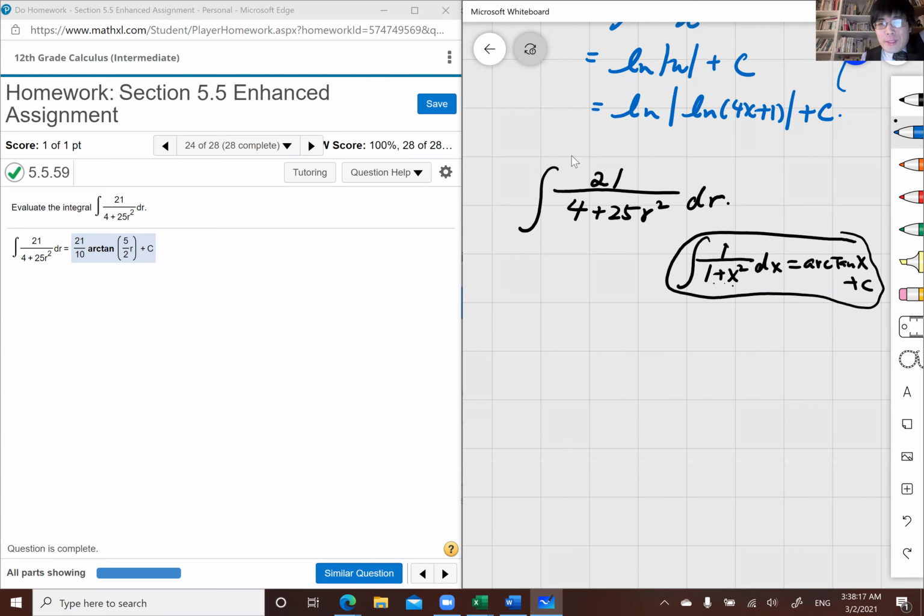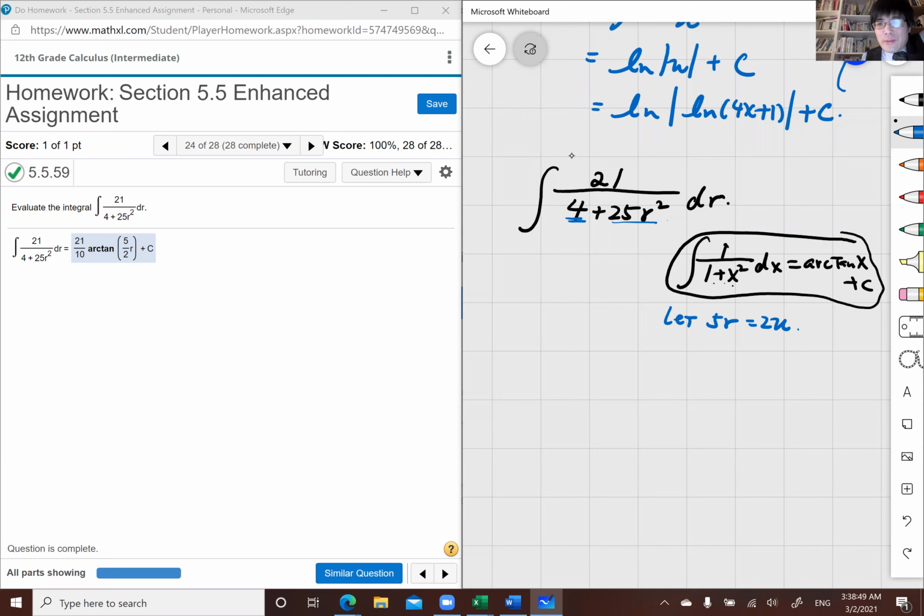So in this case, here is the idea to use. When you have a squared plus b squared here, you want to set this, which is basically 5r squared, so 5r is equal to 2u. 2 is coming from here.